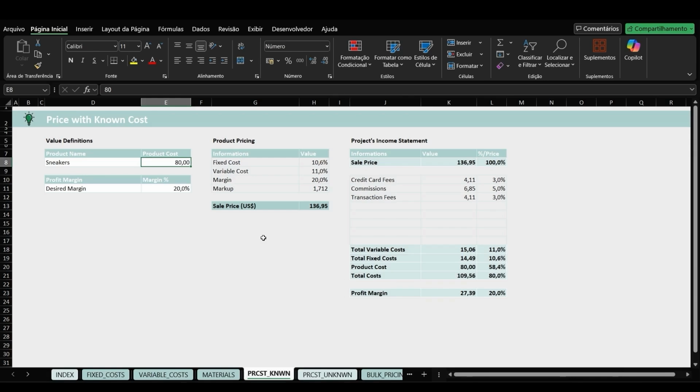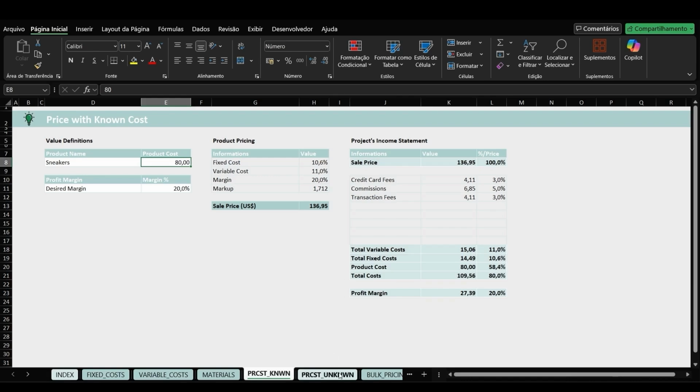This spreadsheet will do exactly that, and keep in mind that this spreadsheet can also be used to calculate unknown costs. So, in this example, the sneakers already have a known cost. You already know how much you paid for each sneaker, but some other products, such as cakes, pizzas, etc., are made up of several products.